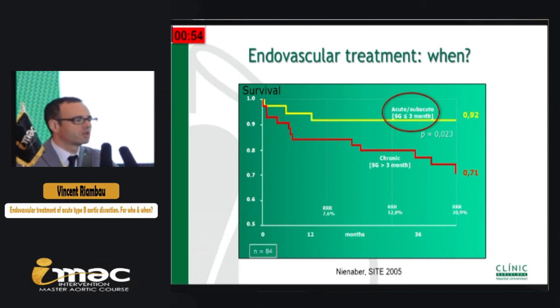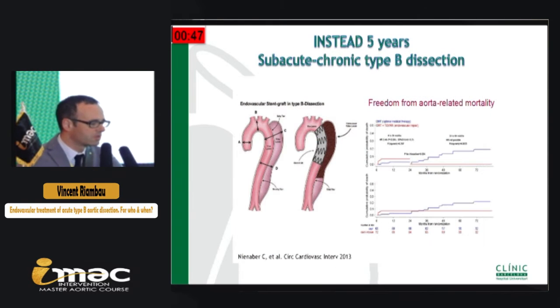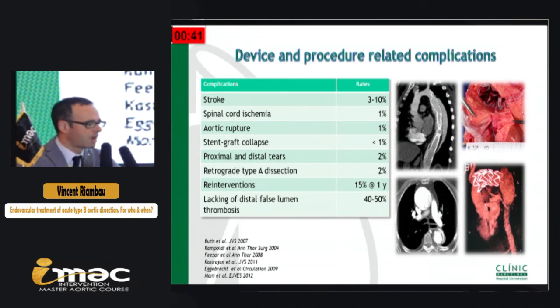It is most clear that the subacute phase is probably the best time to treat the patient. The results and the freedom from mortality and reintervention are much better. But take care of this because it comes at a cost.